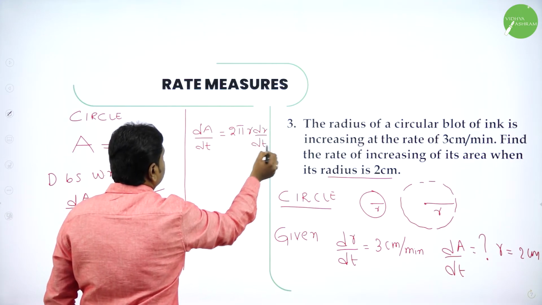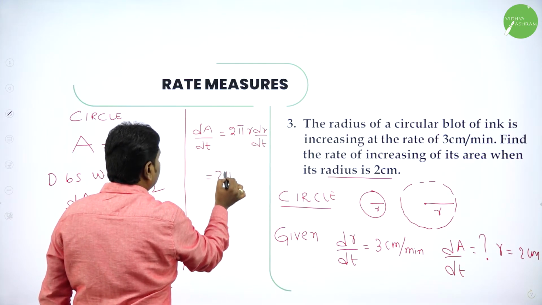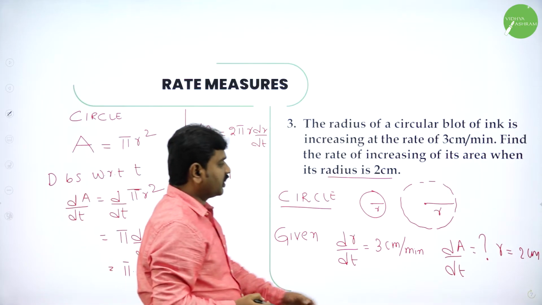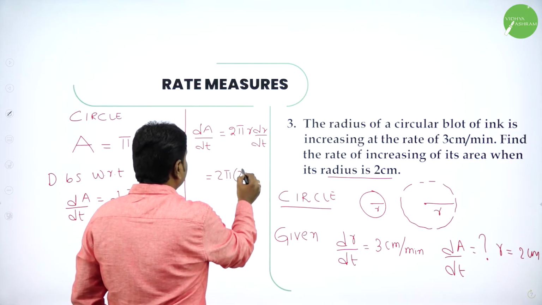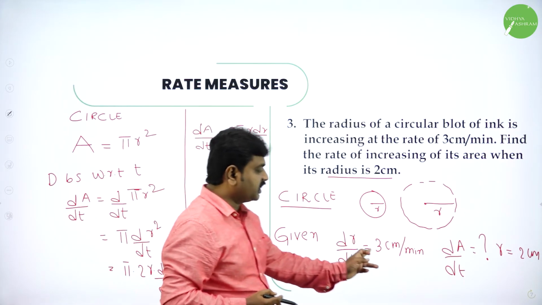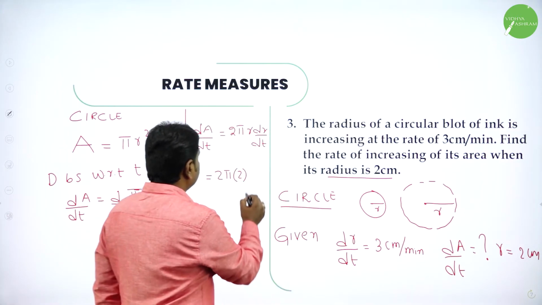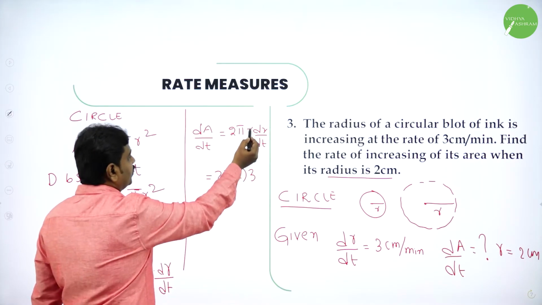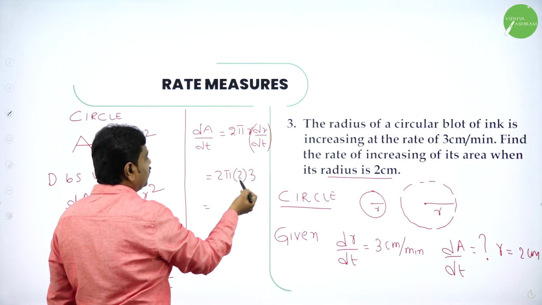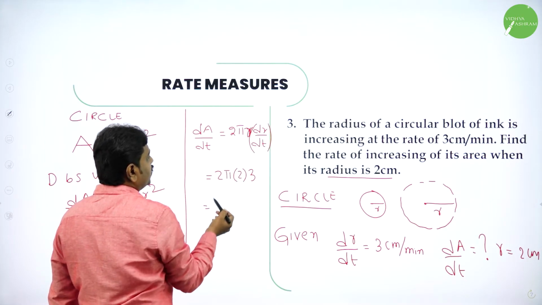Substitute it. That is 2 pi into r. What is the radius given? The radius given is 2 centimeter. 2 pi into 2, into dr by dt. What is dr by dt? 3 centimeter per minute. So now simplify this. In the place of dr by dt, I am substituting 3, and in the place of r, I am substituting 2.